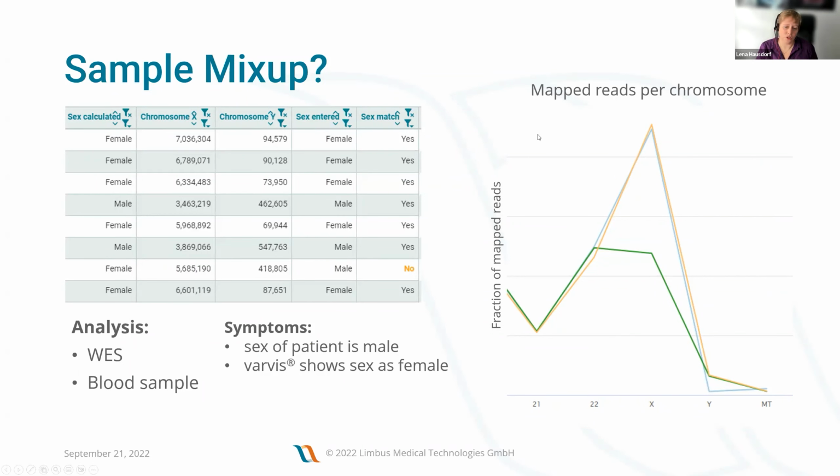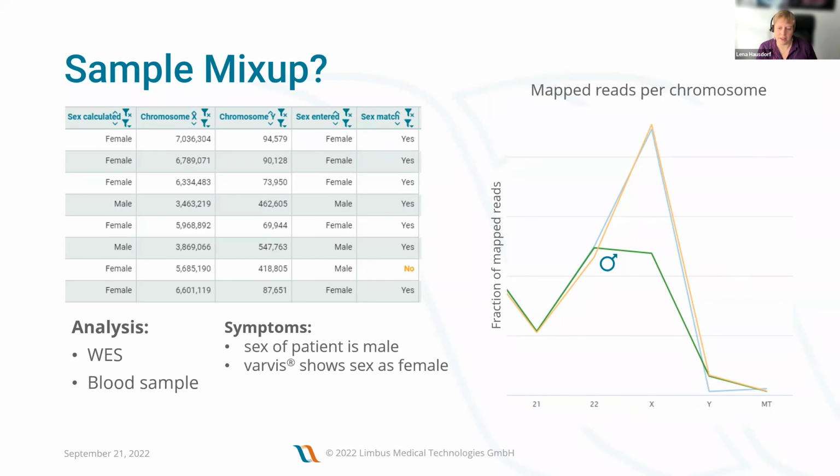This is again a screenshot of my favorite plot from the sequencing runs, now basically only the XY chromosomes. What you can see, the green line is a typical male with half the amount of reads on the X chromosome compared to a female patient, and some reads on the Y chromosome.